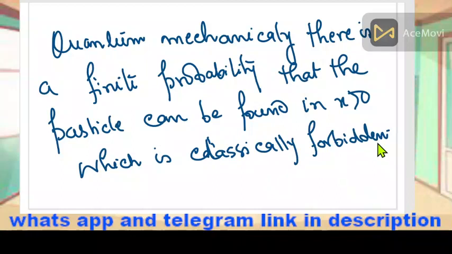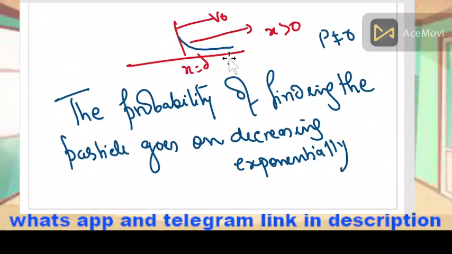Classically, the region is forbidden, and quantum mechanically there is a finite probability that the particle will be found here. So, what is classically impossible, quantum mechanically it is possible.